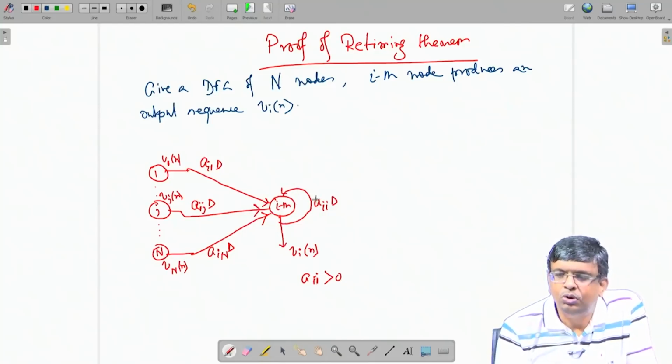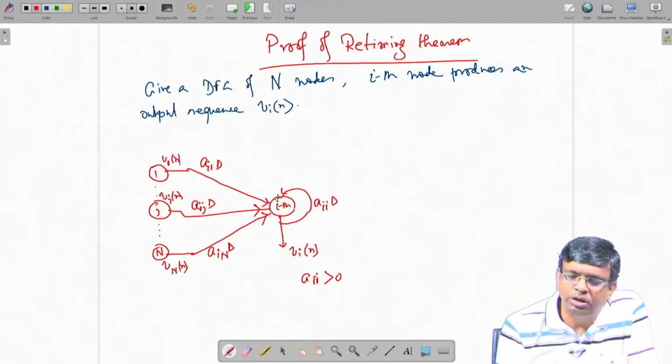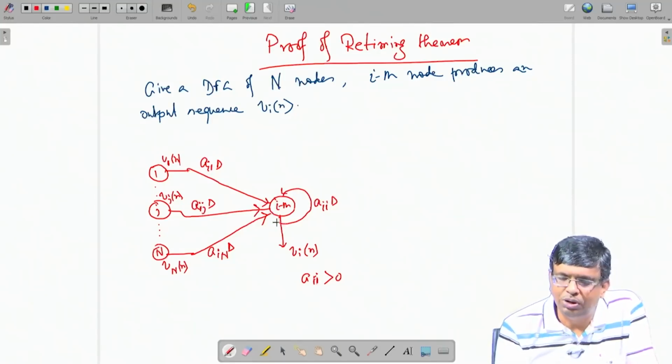So, to calculate the output of this node, I need the same output at the input, but that is not possible, because the output has to be calculated first.